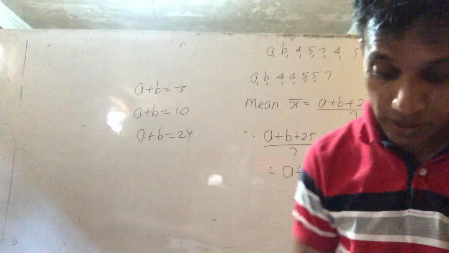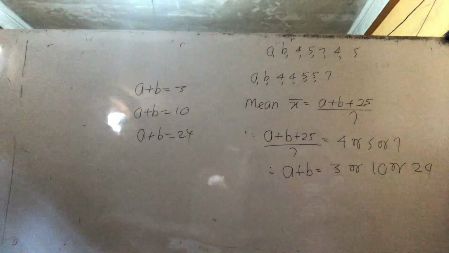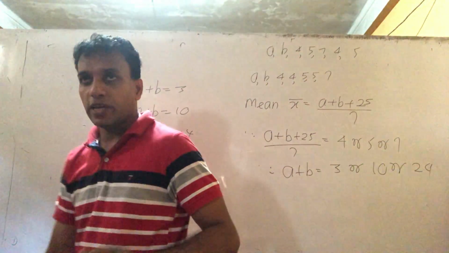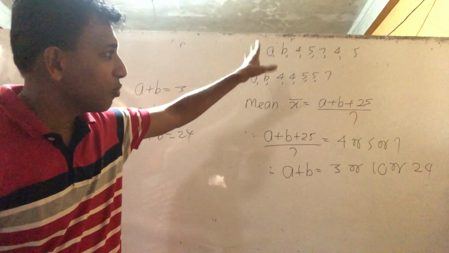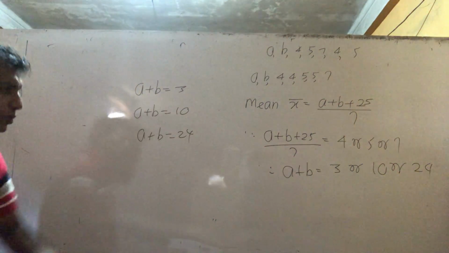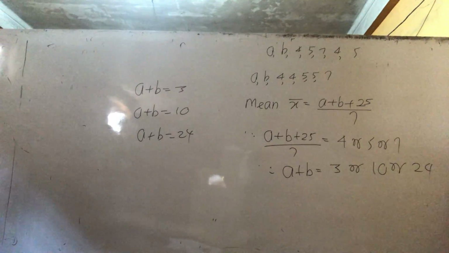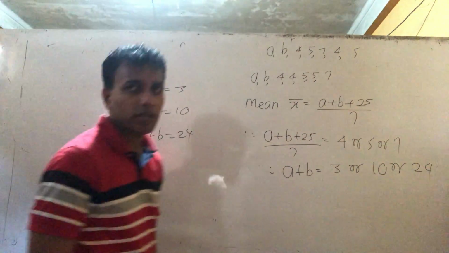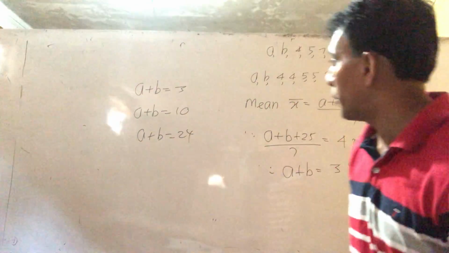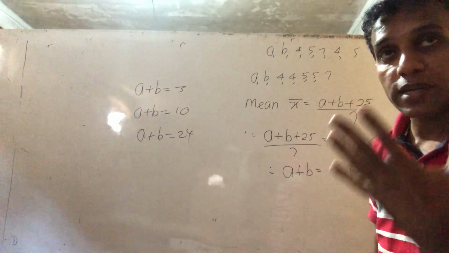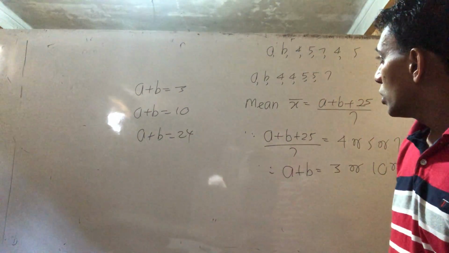But A plus B can take only one value. A and B can be 4, 5, 7. So what is most suitable, satisfying this equation? Which value is suitable for this problem? A and B can take 5 or 4 or 7.